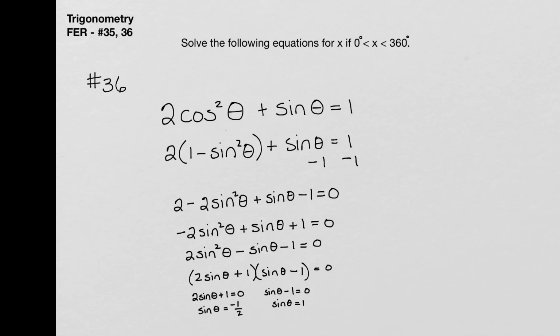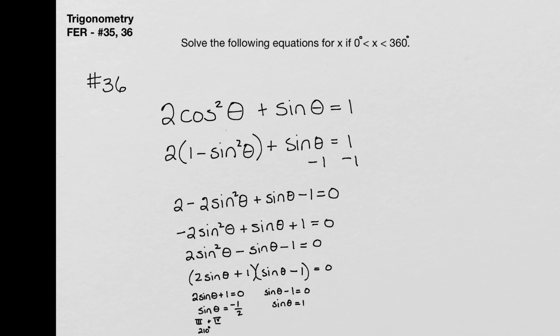So where is the sine function negative? It's negative in quadrants 3 and 4. So my quadrant 3 angle, and we're in degrees now, so that would be 210 degrees.